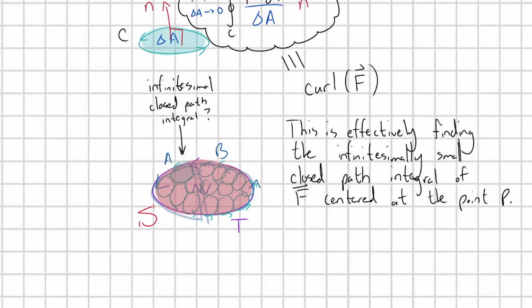But what we can imagine is that each of these little infinitesimal loops, we're going to match them up with little infinitesimally small surface area elements. I'm going to call those surfaces dS. Each of these little dS patches is going to have some direction, some unit normal vector pointing off of them. Call that n hat.